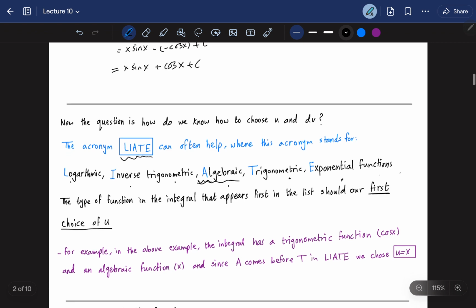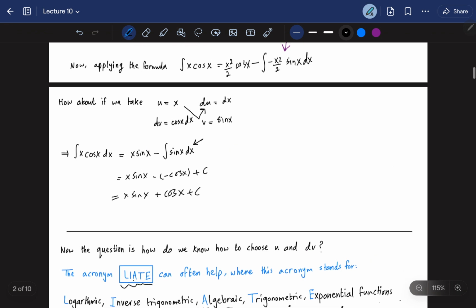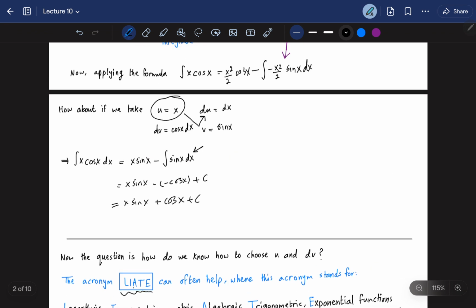For example, like the x cosine thing that we did earlier, if we want to apply this acronym to it, we've got an algebraic function, x, and a trigonometric function, cosine. And since A comes before T, you take u to be your x. And if you go back, this is what actually worked.